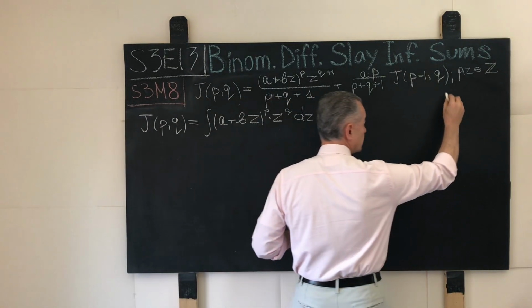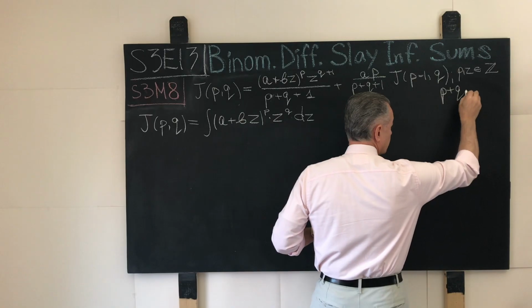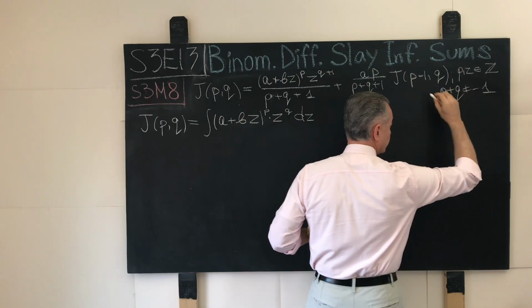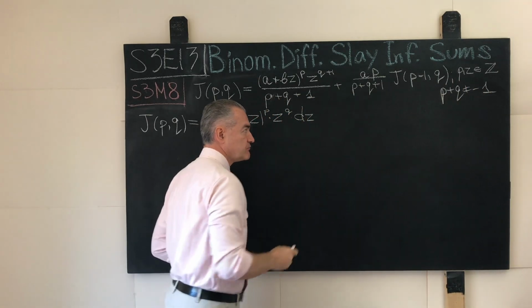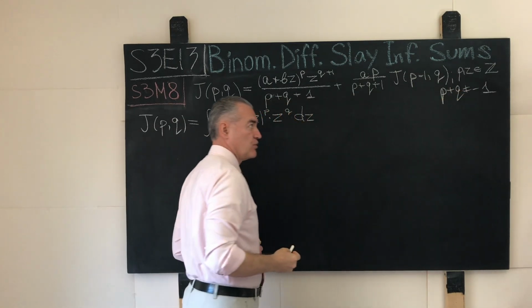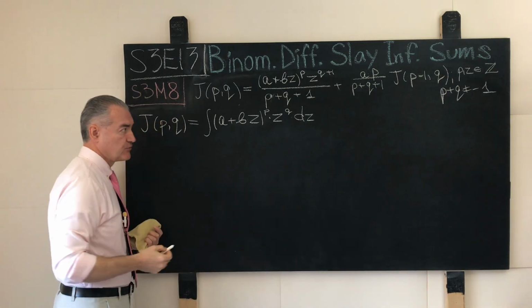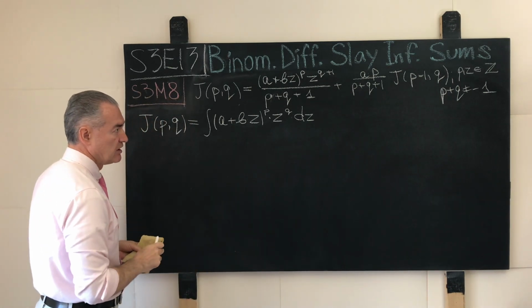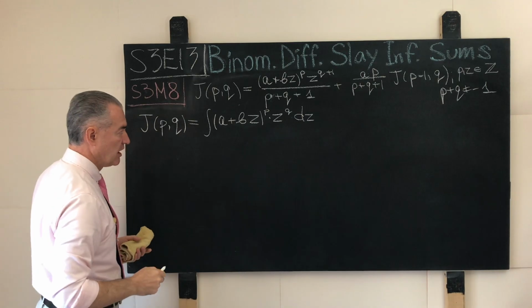So the constraint p plus q is distinct from -1 will always hold. The numbers p and q will play out in such a way that they will be positive for us in a few moments, and the constraint will be honored.